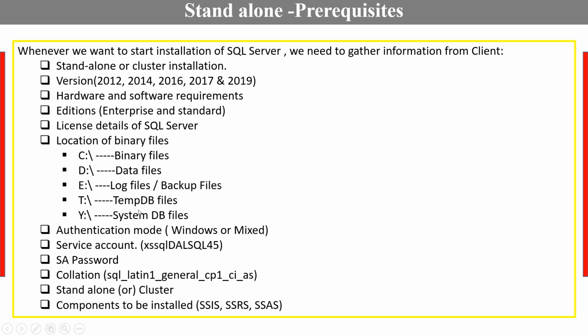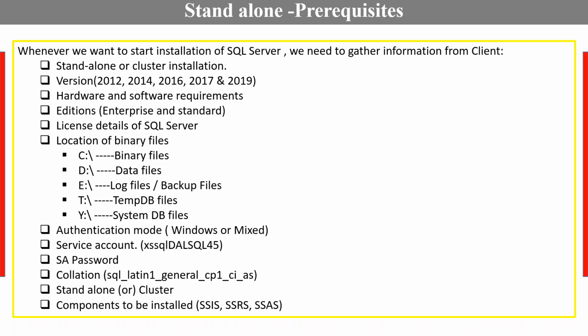So this is the directory allocation. Don't blindly install your complete SQL in one drive. In the real world, we make separate disks for the data file, log file, and tempdb to improve the performance of your SQL Server. Binary file location is very important. Don't blindly choose one location when you are performing installation.